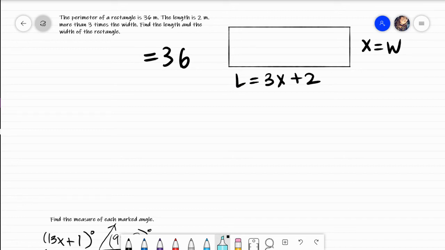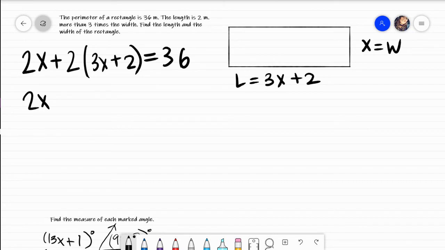Now, if you notice, what I have here is 2 lengths and 2 widths, correct? So that would be my width, W. My width is X, and I have 2 of them. And then I need to add to that 2 lengths.